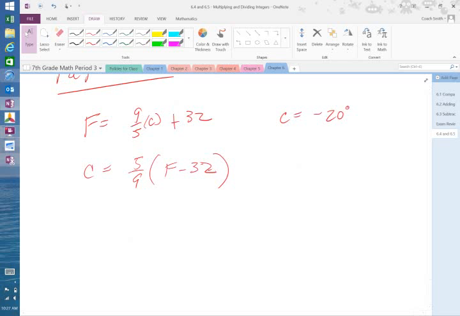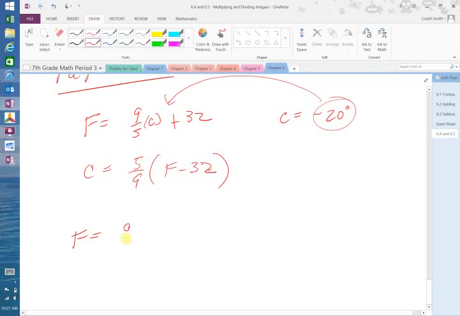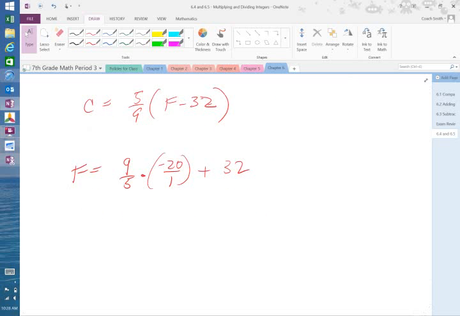All you have to do is this. We take this information and plug it into this formula. So that gives me Fahrenheit is equal to 9/5 times negative 20 over 1 plus 32. Okay? So now it just becomes multiplying negatives.